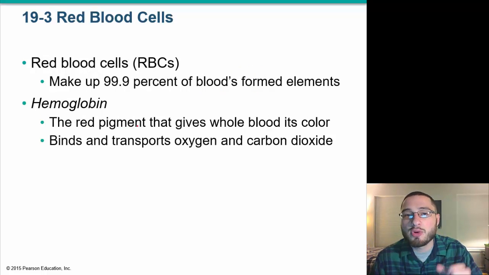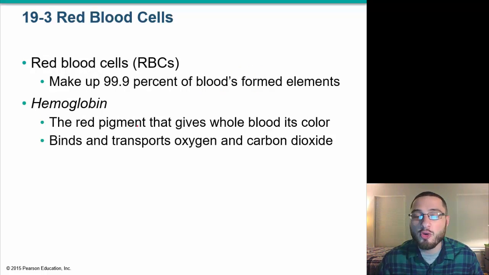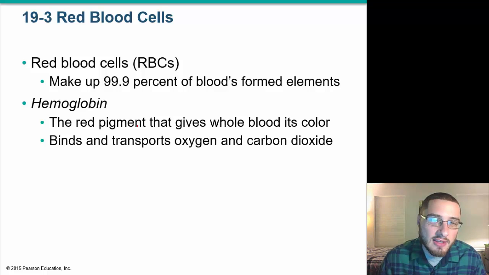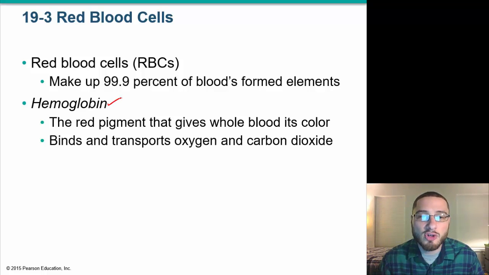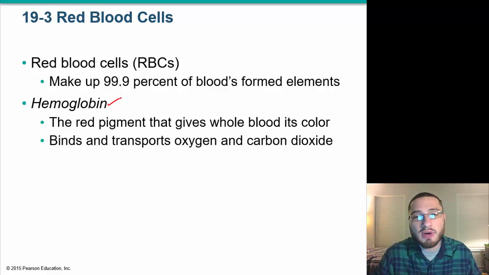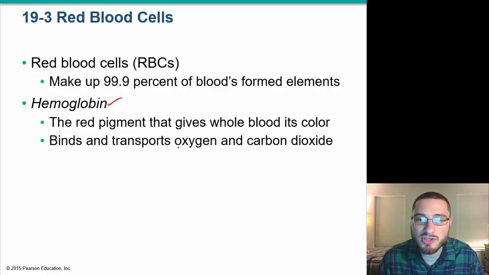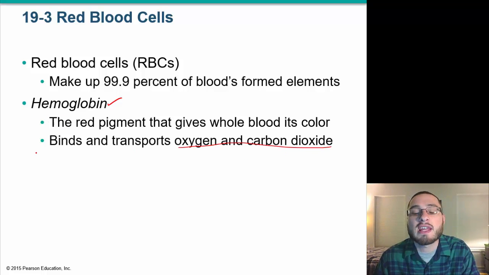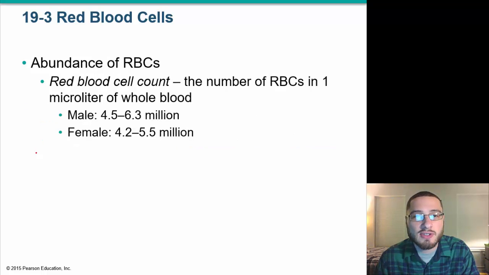Red blood cells make up 99.9% of, not the whole blood, but of the formed elements portion of the whole blood. And the big important piece of red blood cells is hemoglobin. It's the red pigment that gives whole blood its color and binds and transports oxygen and carbon dioxide. So we need hemoglobin in order to transport that oxygen through the red blood cells.